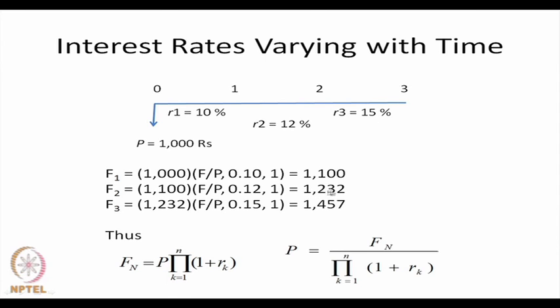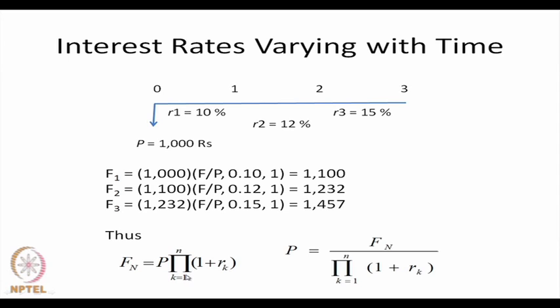Therefore, it is 1232 multiplied by 1.15, and that comes to 1457 rupees.